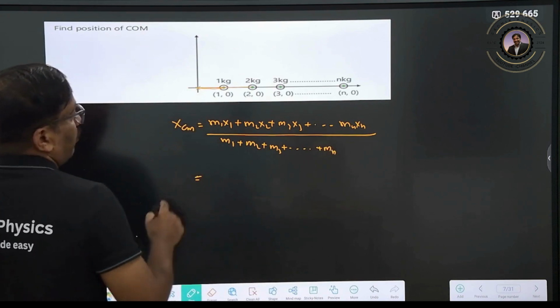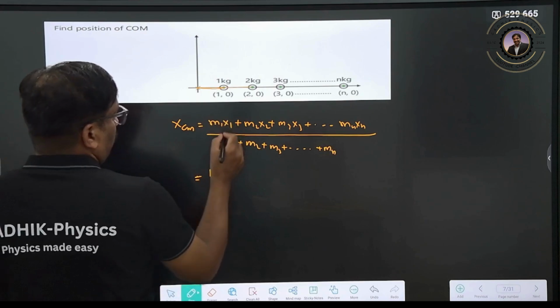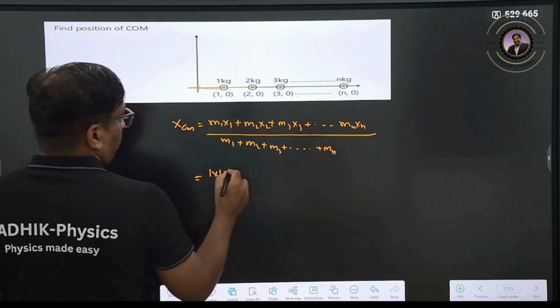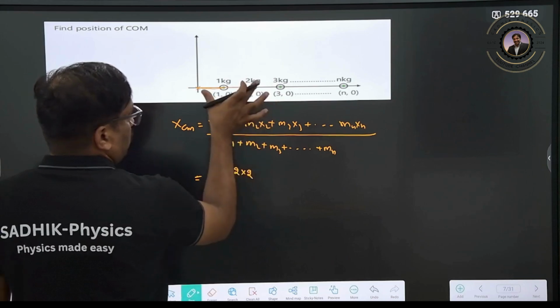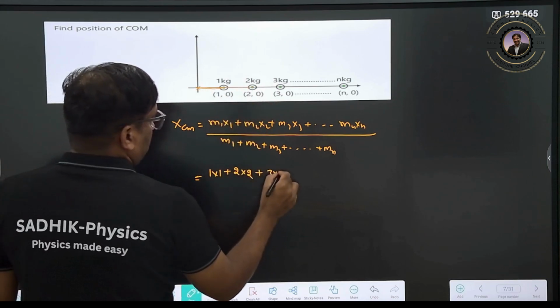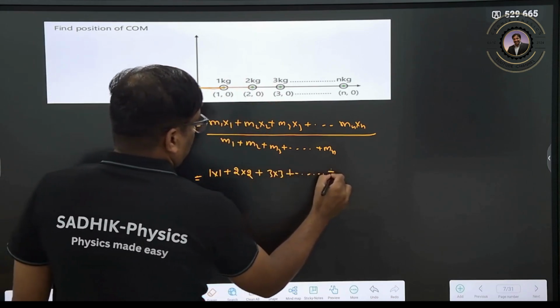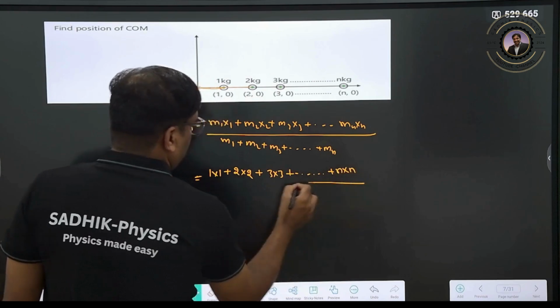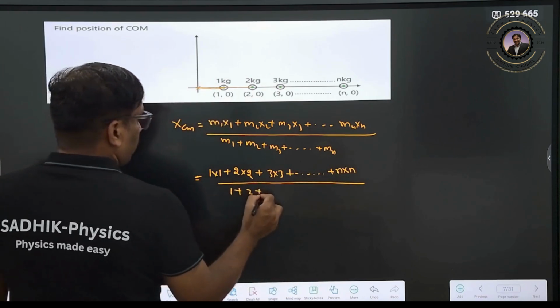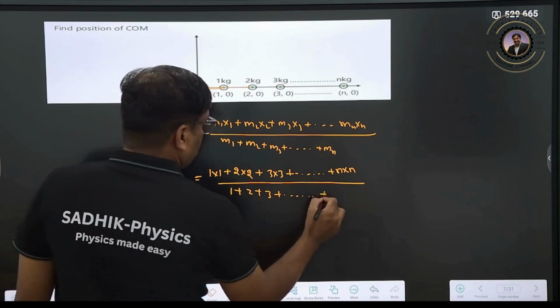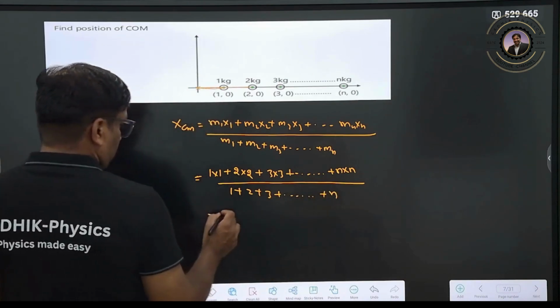Clear? So 1 kg into distance 1, plus 2 kg into distance 2, plus 3 kg into distance 3, and so on, n kg into distance n, divided by 1 plus 2 plus 3, up to n.